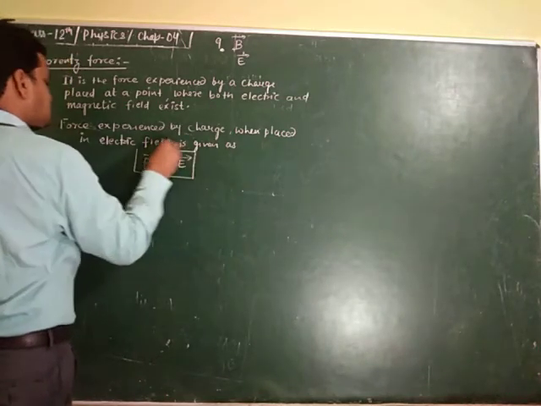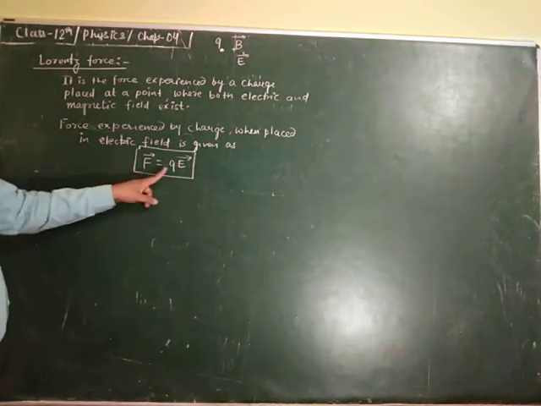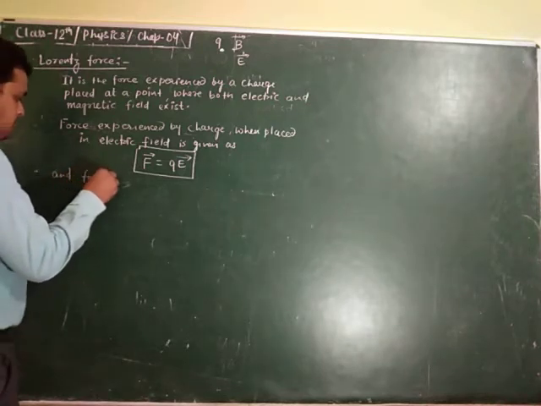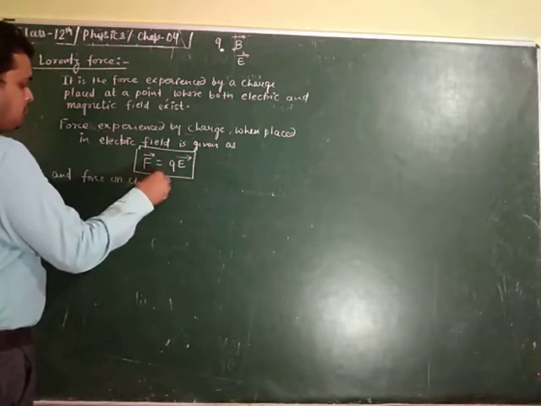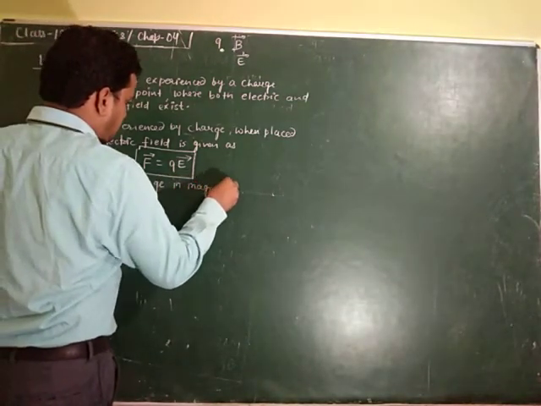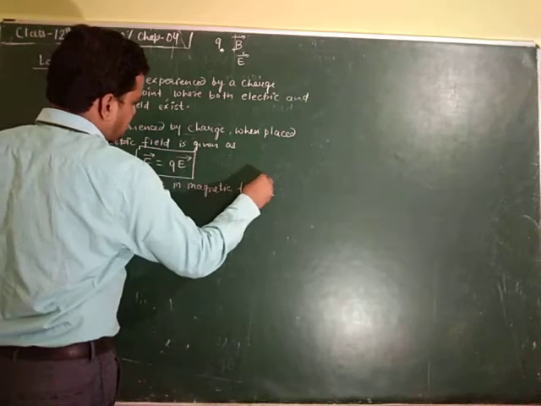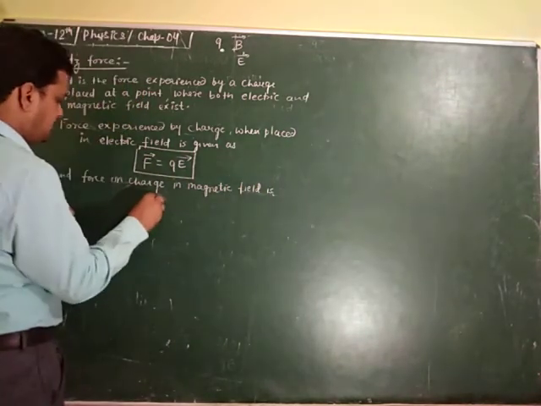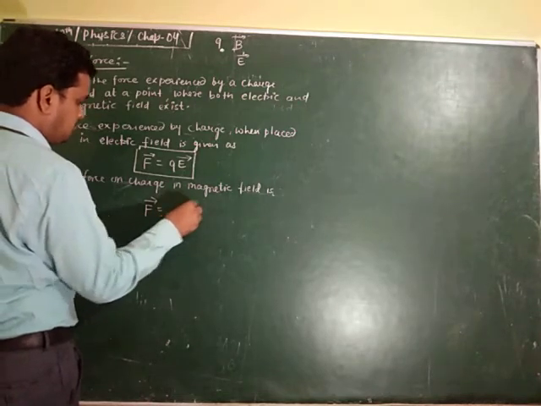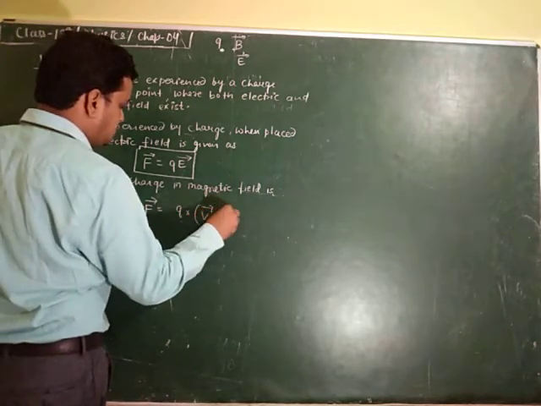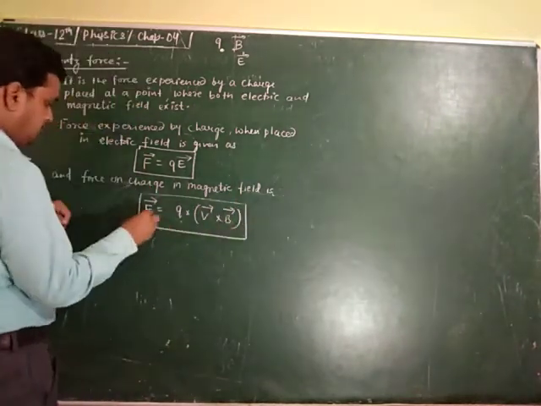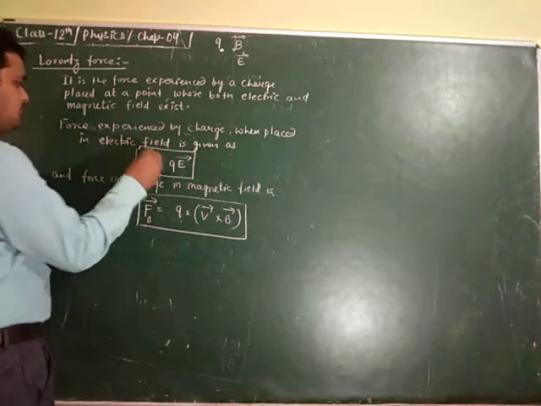So this is the force experienced by the charge when placed in electric field, and force on charge in magnetic field is F is equals to Q into V cross B. So this is the force of magnetic and force of electric.